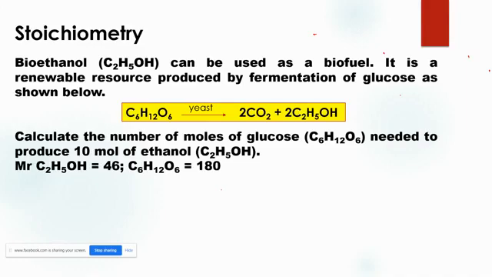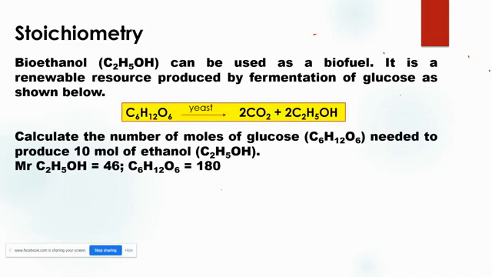The question is, calculate the number of moles of glucose needed to produce 10 moles of ethanol or bioethanol. The Mr of bioethanol and glucose are given. Let's check the chemical reaction first.